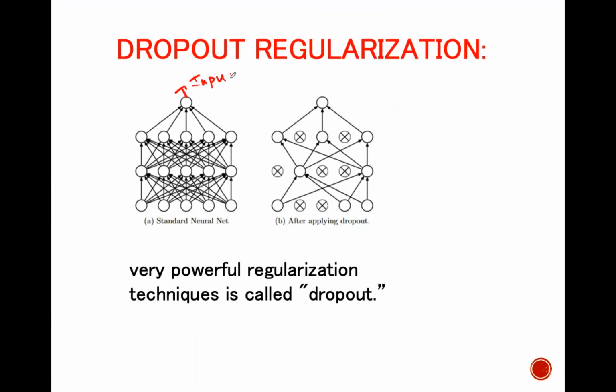I have the input layer, hidden layer 1, hidden layer 2 and hidden layer 3, and I have my output.